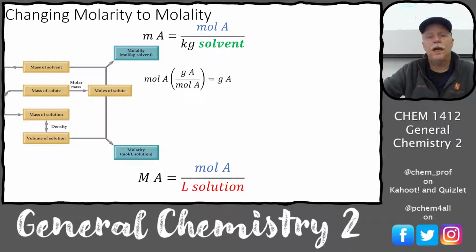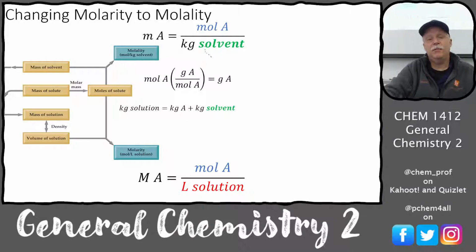So we can calculate the mass of A because we're going to want to get out of this kilogram of just the solvent and add in the mass of solute that we put in. So I want to convert the moles of A to grams of A. And then I want to add that in. I'm going to go ahead and make it kilograms. And I'm going to go kilograms of A plus kilograms of solvent equals kilograms of solution.